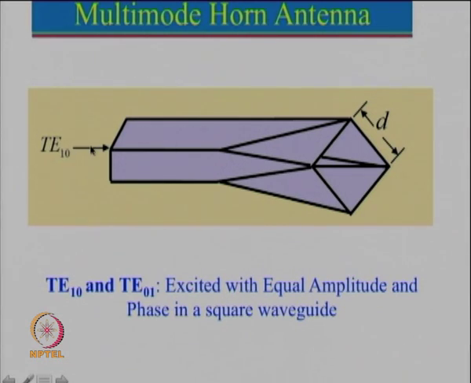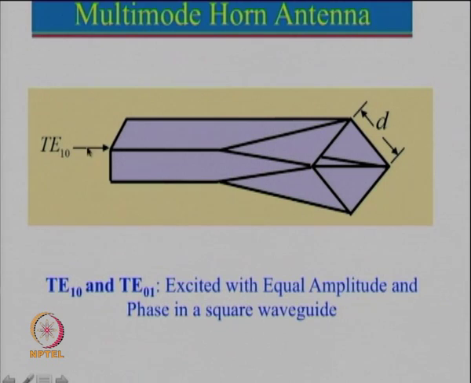If we just use a normal probe, then we have to put a probe over here and another probe over here, and then that particular thing has been changed. A 45-degree angle bend has been done. So what happens? Both the 10 and 01 modes are excited, and here the sum is there. You can see the summation of 10 and 01.